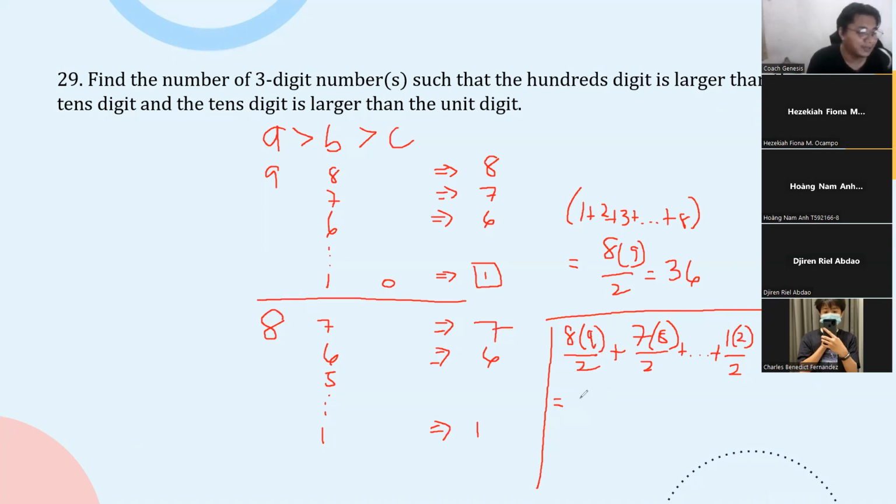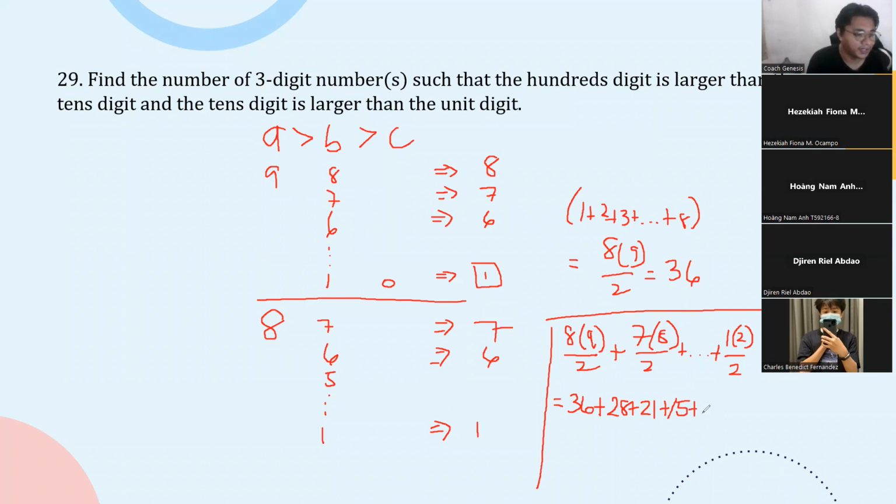So that will be 4 times 9, 36, plus 7 times 4, 28, plus you have here 6 times 7, so 21. Next, we have 5 times 6, so 15.